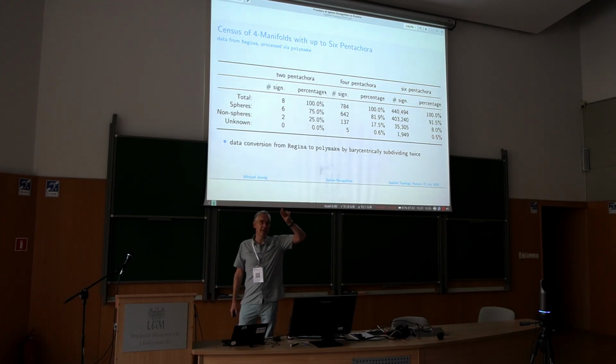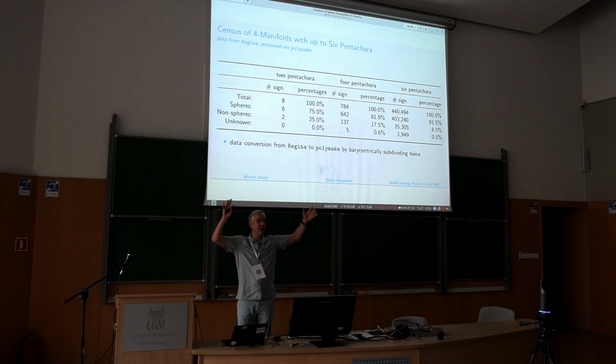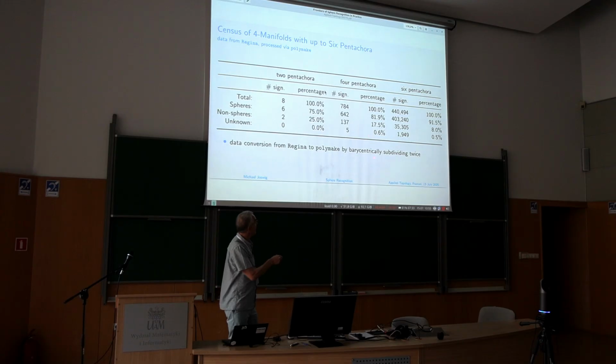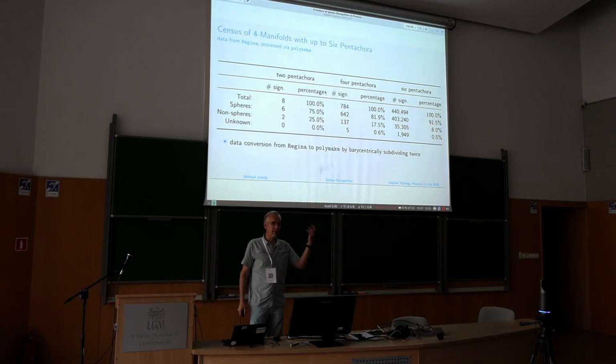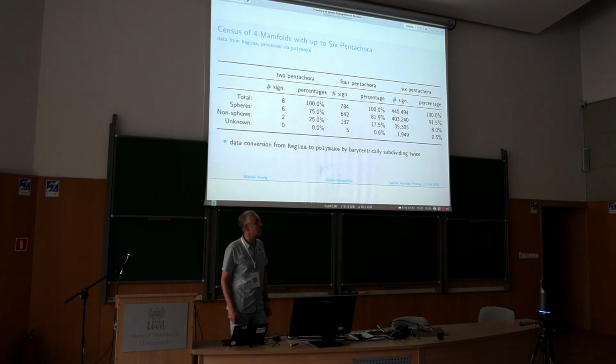You do this twice, which means the complex blows up by a factor of 10,000 in this process. Still not a problem for this heuristics. You started with only 6 cells, and then you have about 100,000 cells after the second barycentric subdivision, but that's not a big deal, so it works quite fast.